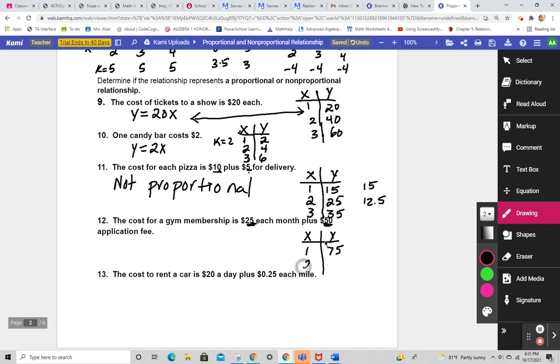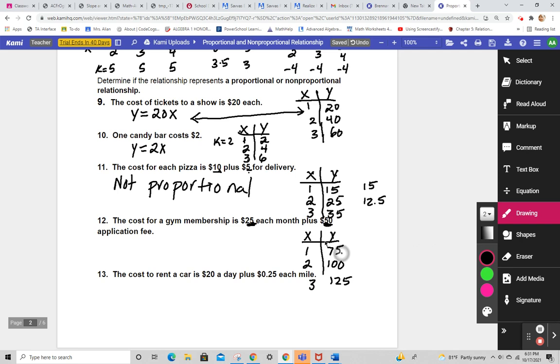If we go 2 months, that's 25 plus 25, that's $50 plus the application fee, that's $100. If we go 3 months, that's $75 plus 50, that's $125 for 3 months.